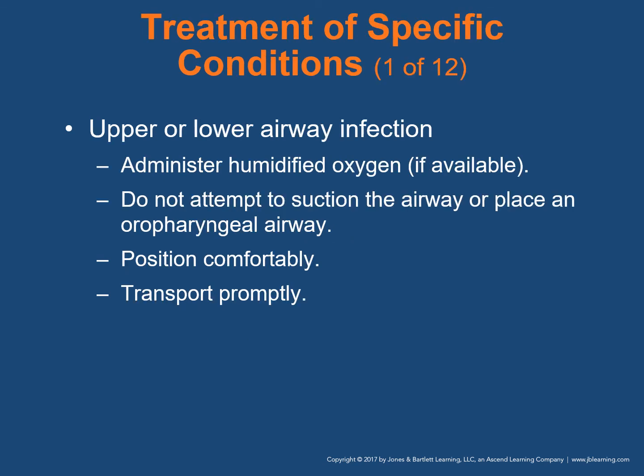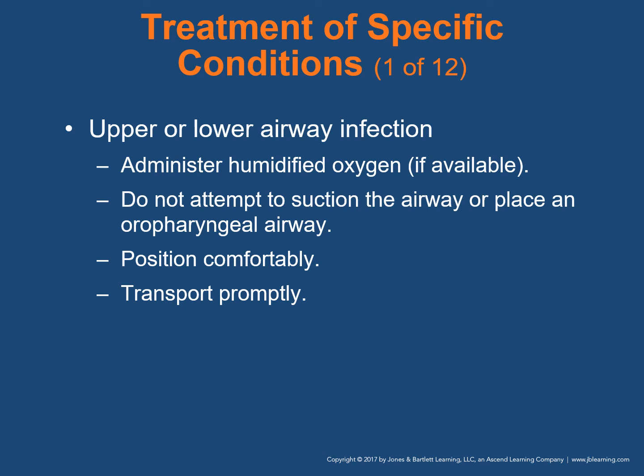Okay, we have 12 more slides and then the review slide, so let's get through this. We've talked about treatment as we've progressed through this, so this should be just a review. Upper and lower airway obstruction, infection, swelling. See how they're positioned, how they want to sit, usually upright, a little bit head forward.